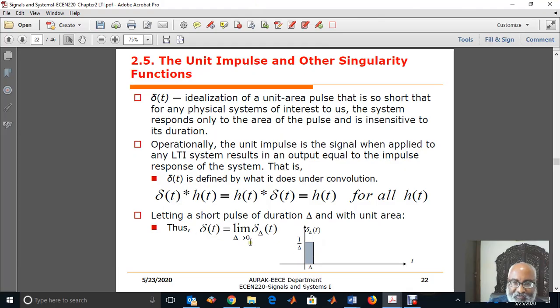So Dirac t is equal to the limit as delta goes to 0 of this. Because when delta goes to 0, 1 over delta goes to infinity, and this pulse will be located at 0.